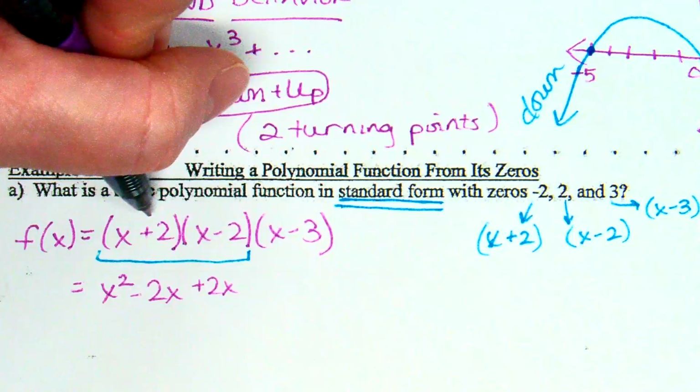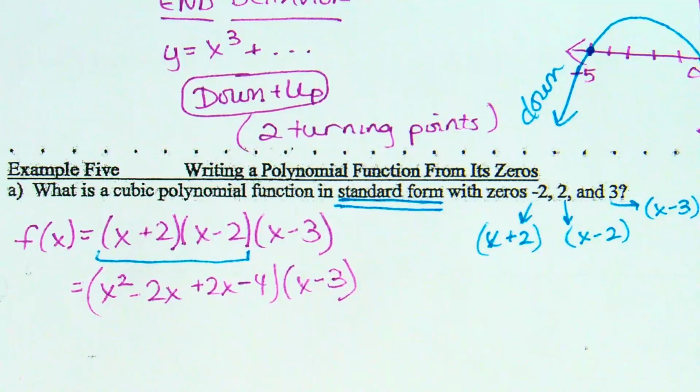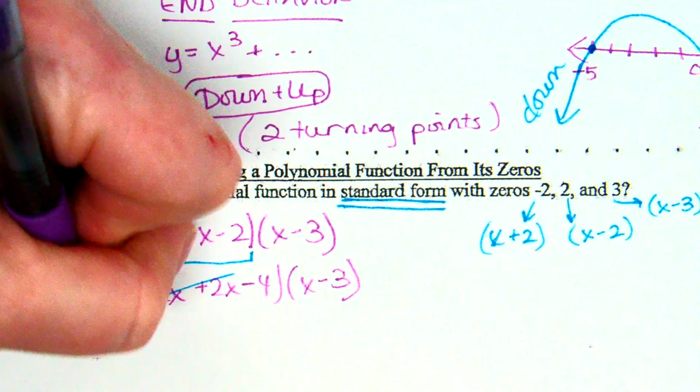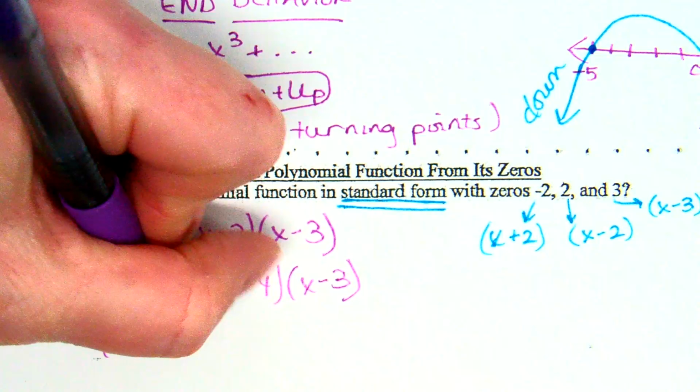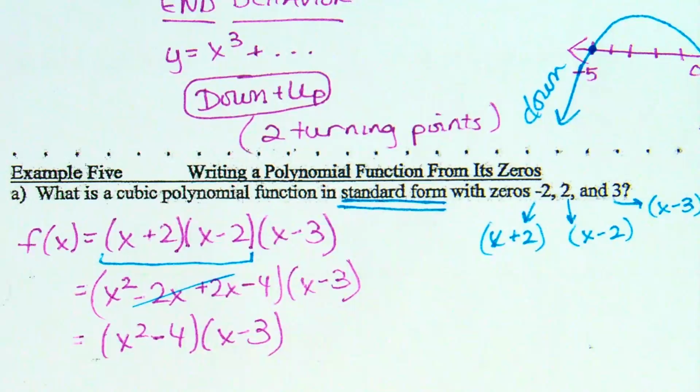I'm going to carry down the x minus 3. Is there some cleanup that can happen? Yes. Minus 2x plus 2x cancel. And so now I have x squared minus 4 times x minus 3.